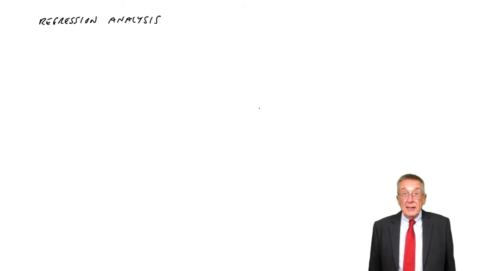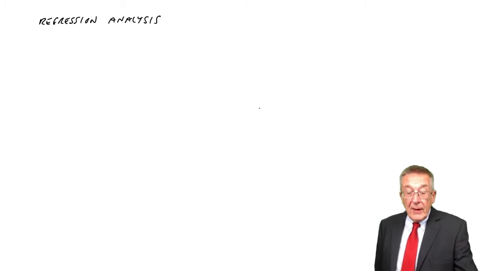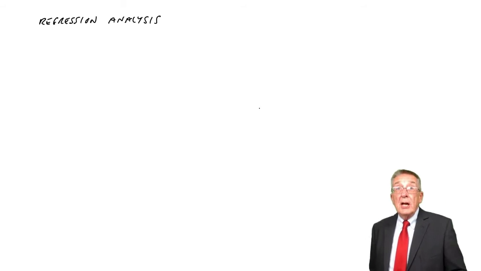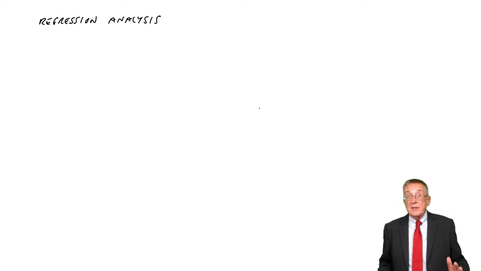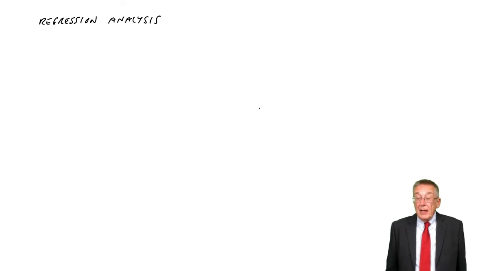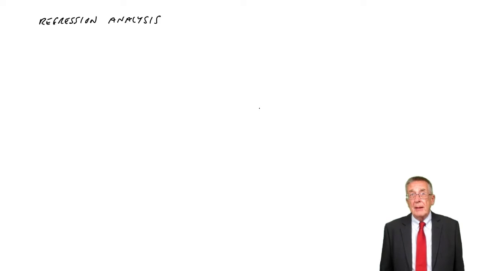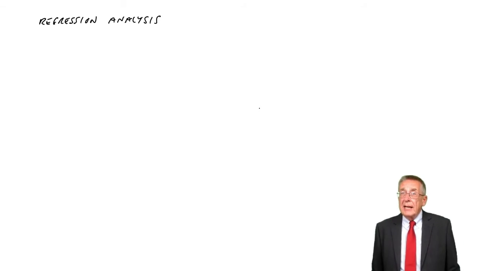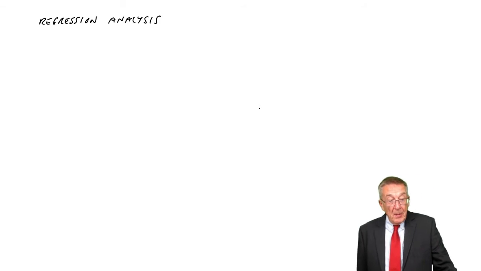Well, regression analysis, as I said at the end of the last lecture, will take account of all the observations and give a much better estimate of the fixed and variable, but it is rather more complicated.